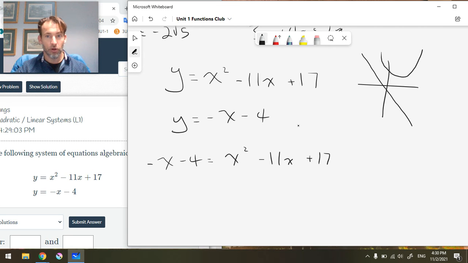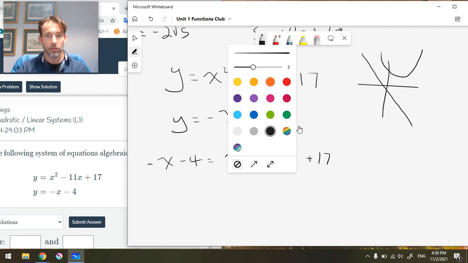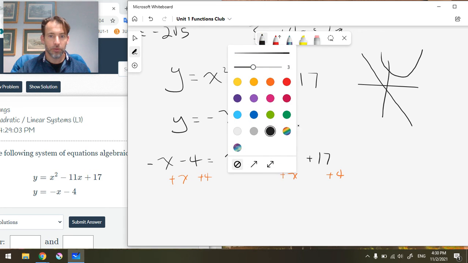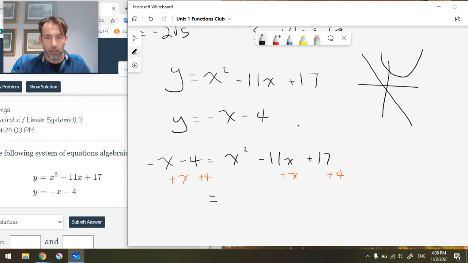So let's do our inverse operations. We're going to bring everything to one side by adding x and adding 4 to both sides.